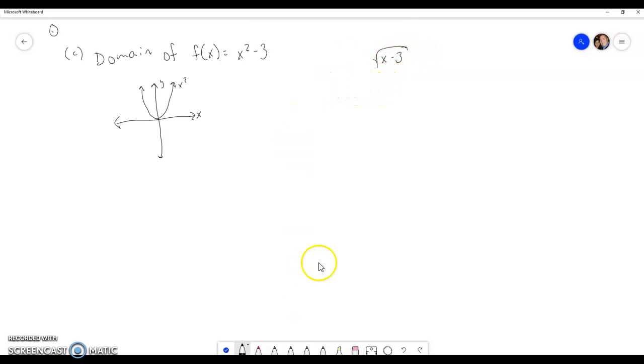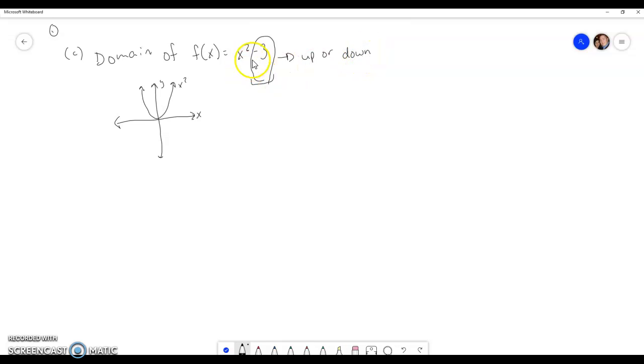But when we have this minus 3 outside of the parent function, this tells me that I'm going to move my function up or down.